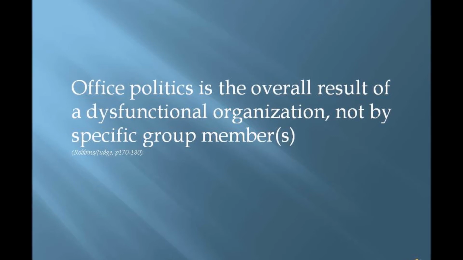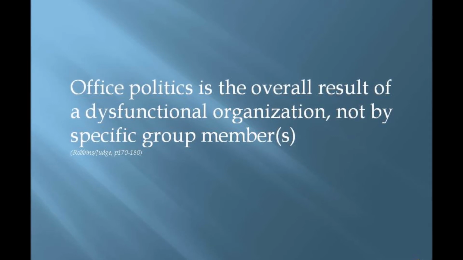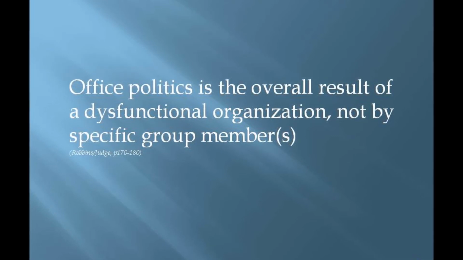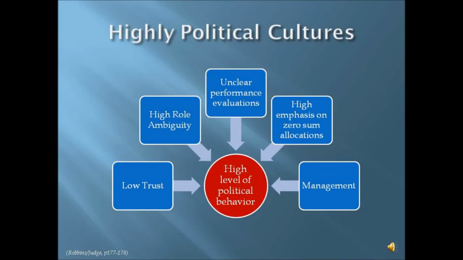Recent research and observation have identified a number of key factors that appear to encourage political behavior. The text identifies 5 organizational factors that encourage highly political cultures. First is trust. The less trust within an organization, the higher the level of political behavior, and the more likely it will be of an illegitimate kind.